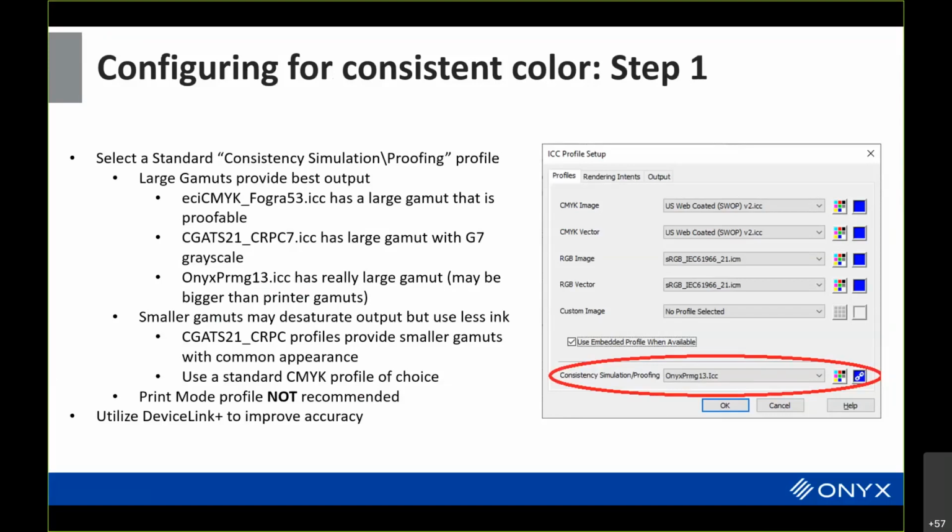It's better to try to get all these printers to match a standard look that's defined by a profile, and that standard look is achievable, or within a short distance of what you're actually printing to. This is how you get consistent color, by setting that profile.